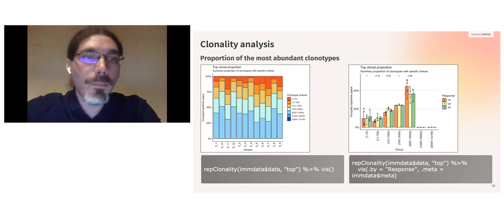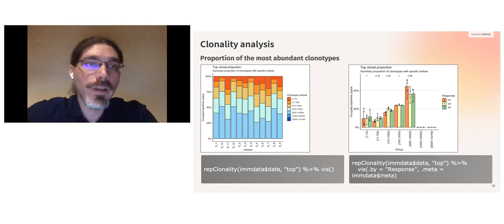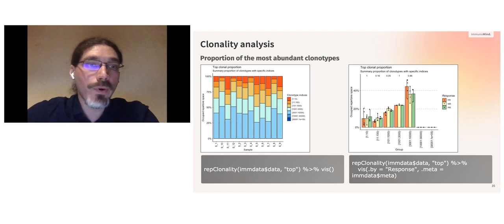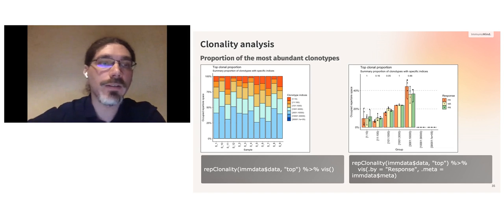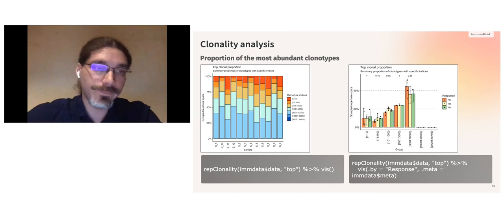This is done by first sorting the immune repertoire by the immune receptors' abundance, and then enumerating them from one to the last one, starting from the most abundant clonotype. I know it's a little bit sophisticated, but let's look at the left chart.